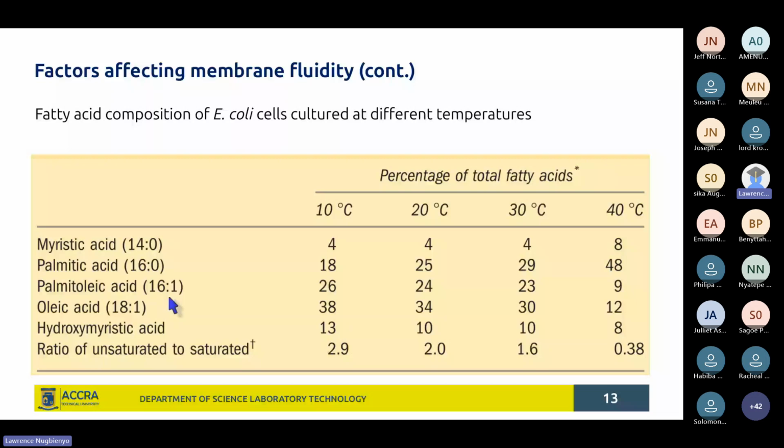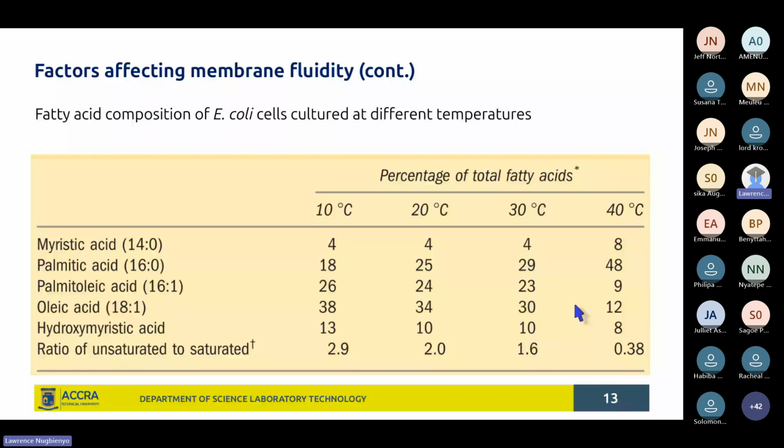Perhaps you can notice that, for instance, in this fatty acid, which has maybe 18 carbons, oleic acid, for instance, you can see what's the trend? The trend is that it's also reducing as the temperature increases. You have that fatty acid decreasing there.